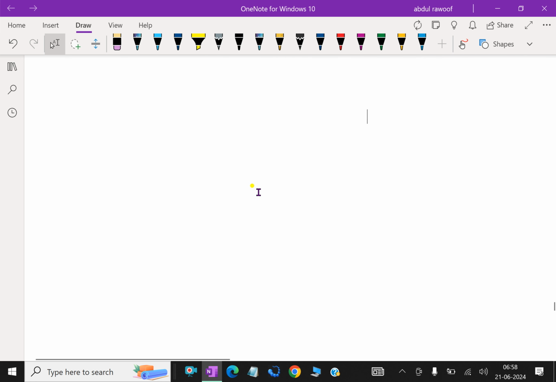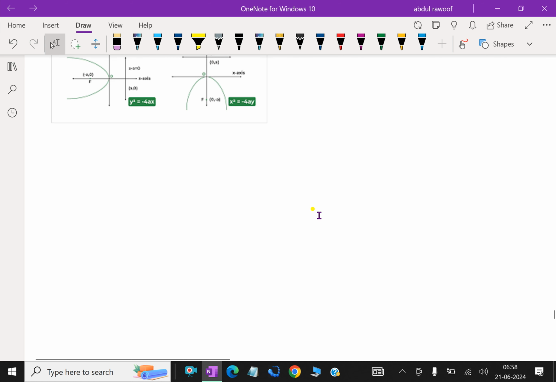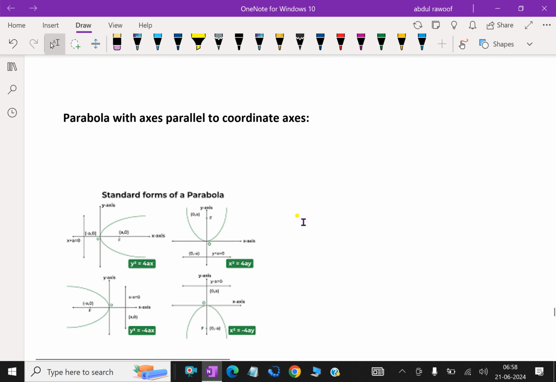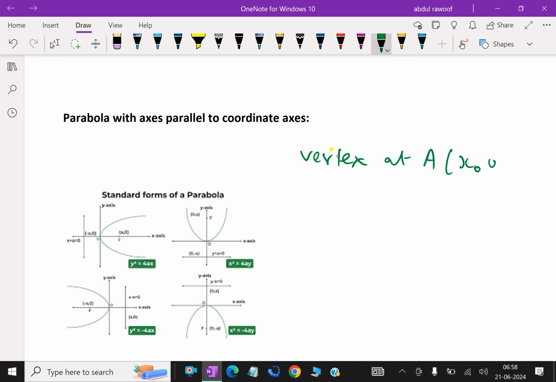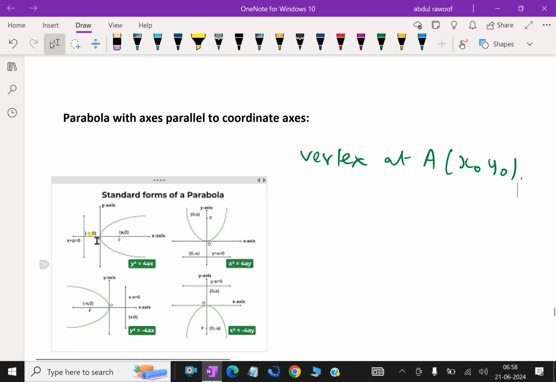Next, we'll talk about the standard form of the parabola with coordinate axis. Let the vertex be at A, with coordinates x0, y0 in the figure.